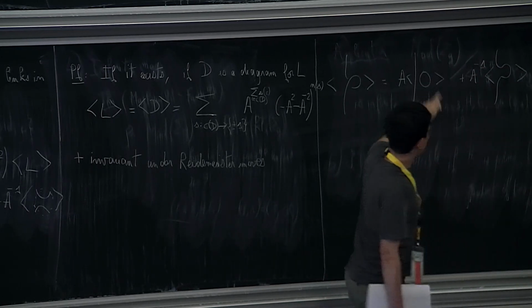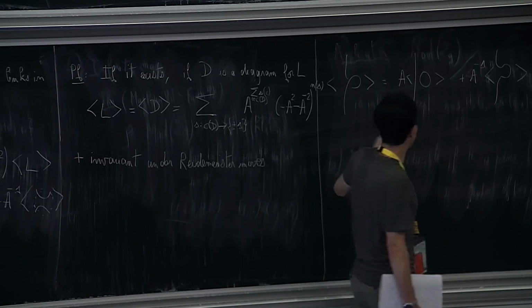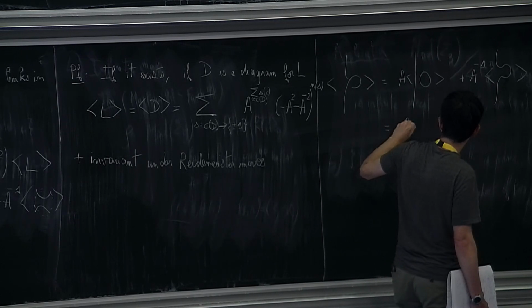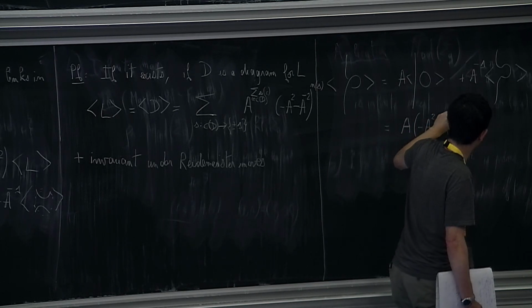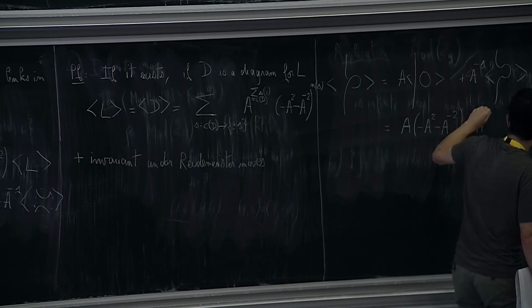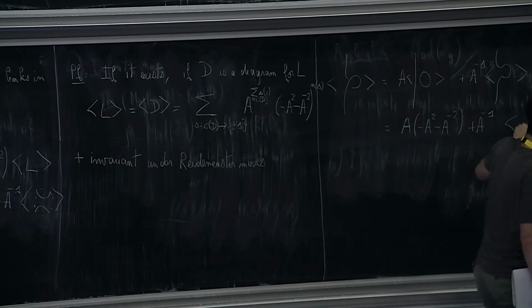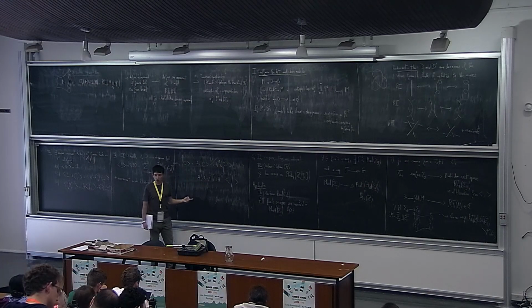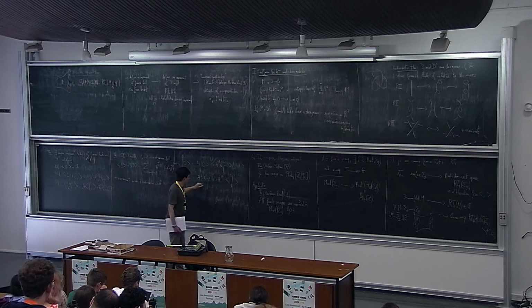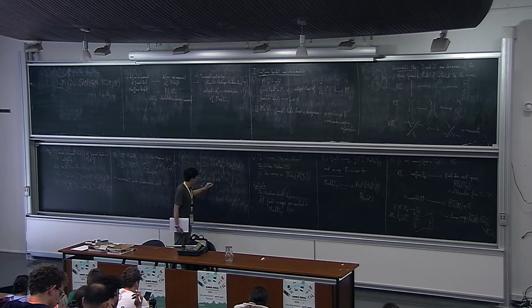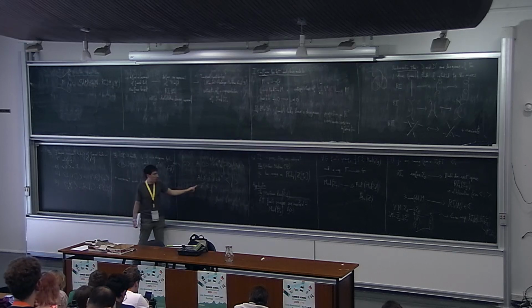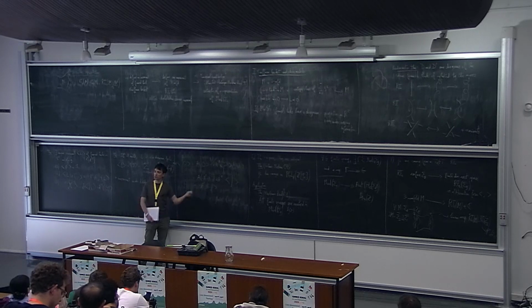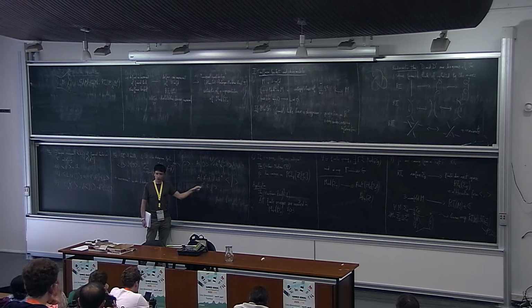And here I get a trivial component, so I can erase this. And here I get, in the end, A times (minus A squared minus A to the minus 2) plus A inverse times, it's always the same thing, a straight strand. And it turns out that this is minus A cubed times the strand. And if I had put the kink in the other direction, I would get minus A to the minus 3.